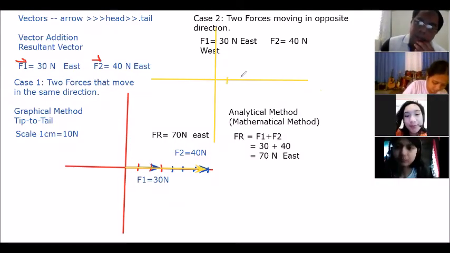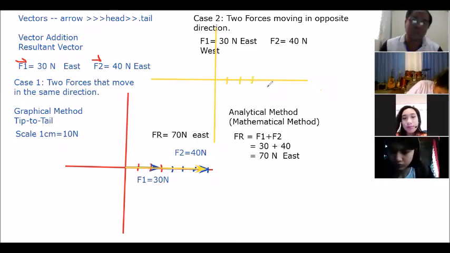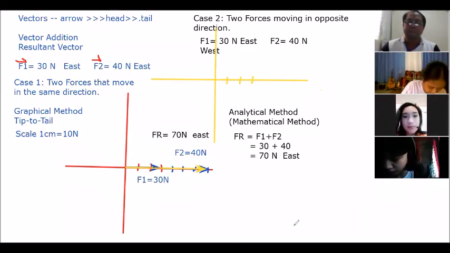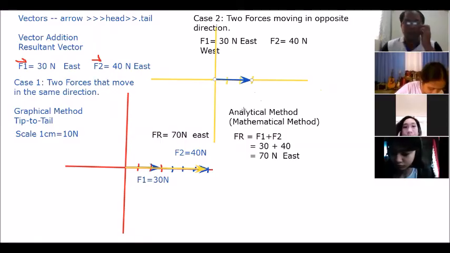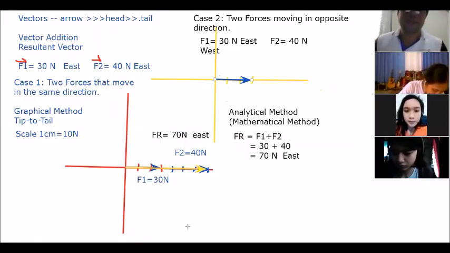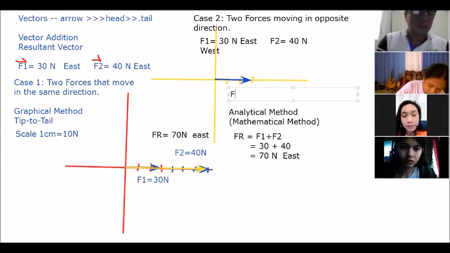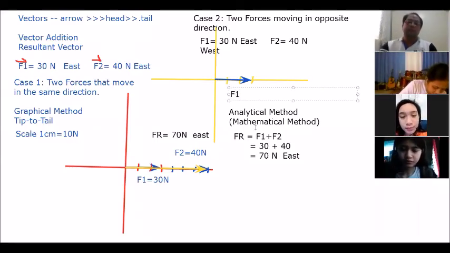So we mark it: 1, 2, 3. So 3 for 30 newtons. And then we draw our arrow. So this is our first vector F1. So F1 is 30.